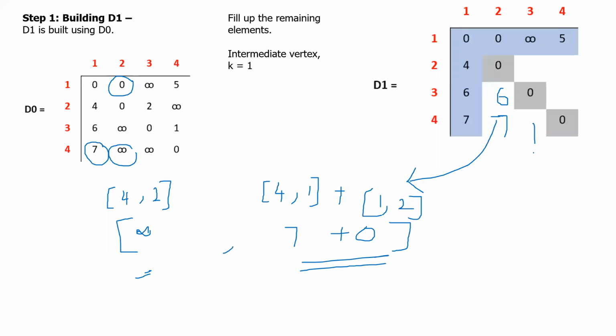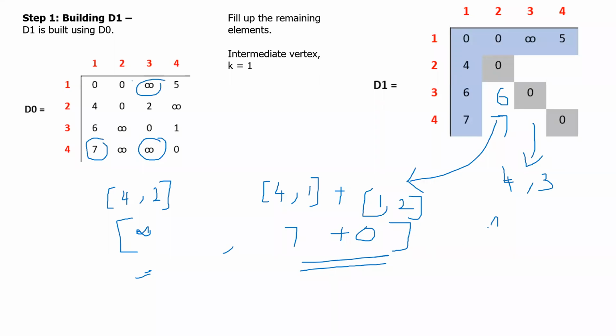Right, now trying to fill up the value here, which is 4 and 3. Between 4 and 3, this is the current value, and the new values are between 4 to 1 and 1 to 3. 4 to 1 value is 7. 1 to 3 value is infinity.